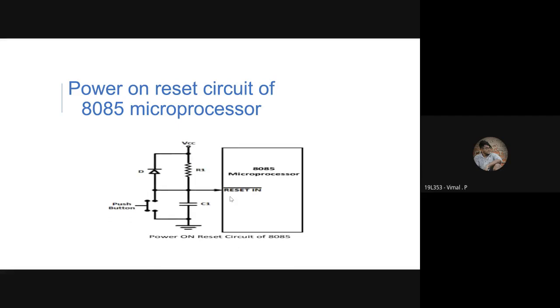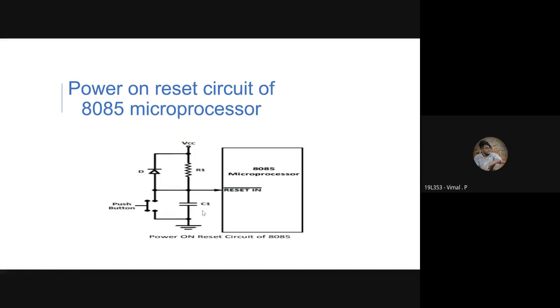This is a power on reset circuit of the 8085 microprocessor. In this, we have an RC network built with resistor R1 and capacitor C1. R1 is 75 kilo ohms, and C1 is 1 microfarad.